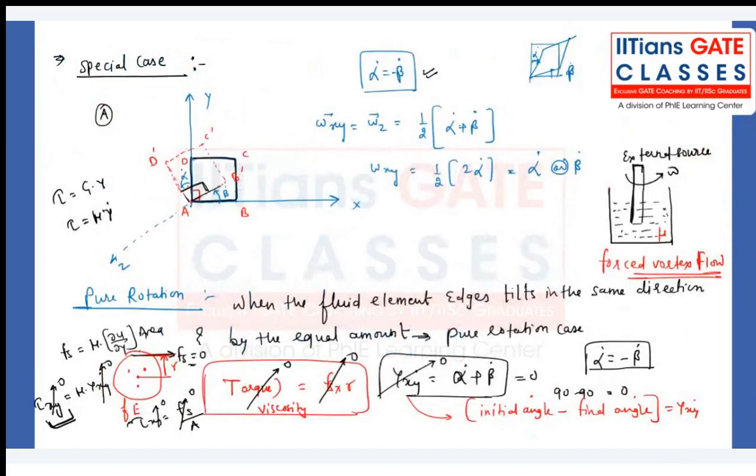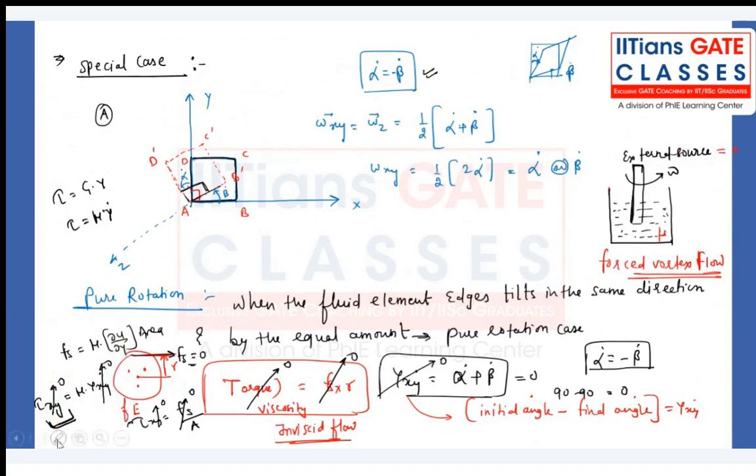Here we have pure rotation, inviscid flow is there. But if it is a pure rotation, that inviscid flow will become a rotational flow. But if external torque is not there, if external source is not there, then inviscid flow will always be irrotational flow. But one condition, external source or external torque should not be there, right?